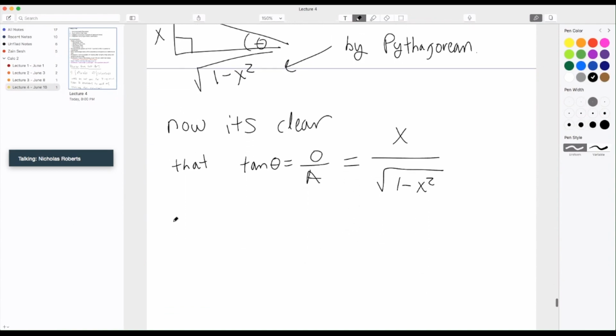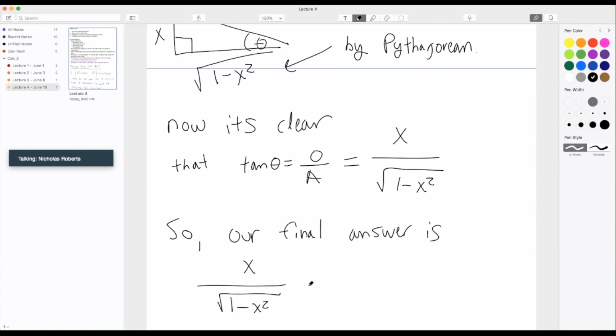And there we go. So our final answer is x over square root 1 minus x squared. We're finished, so we put the plus c.